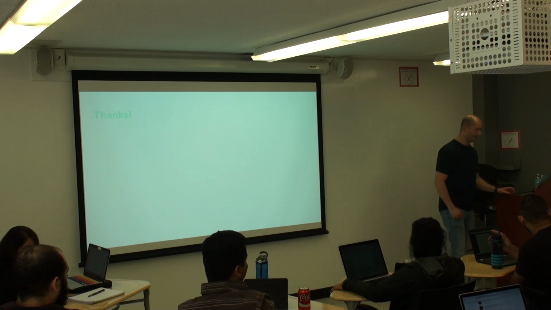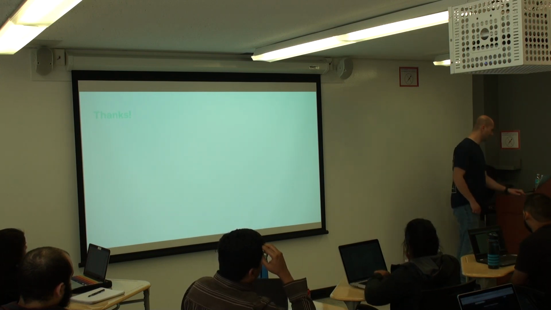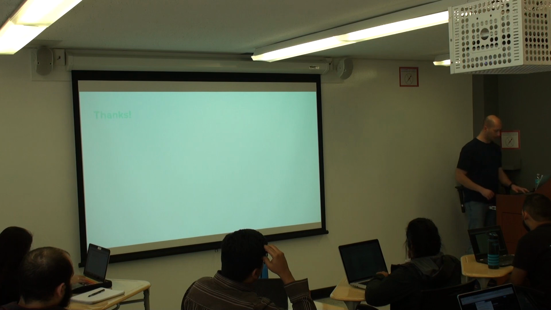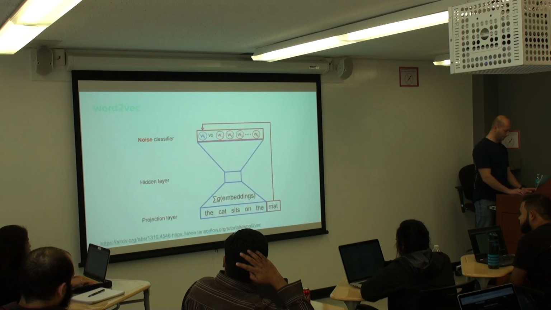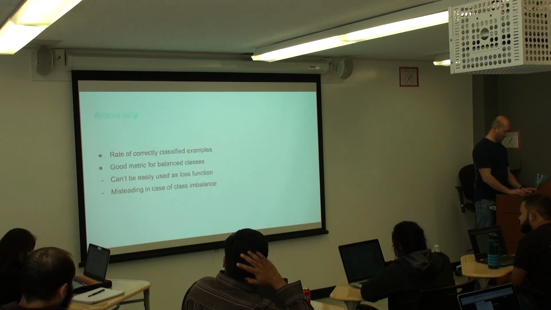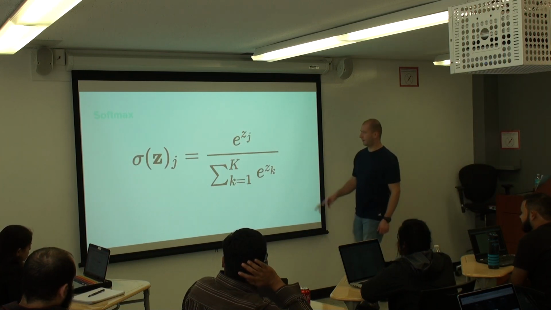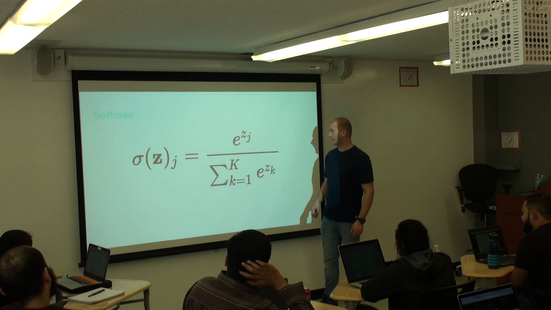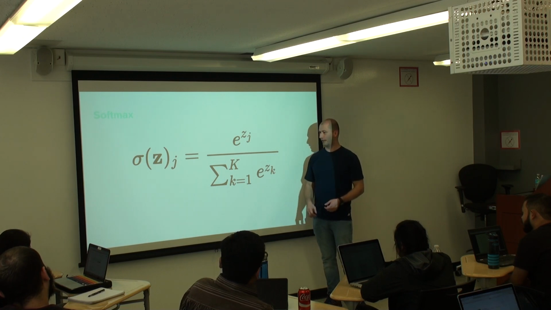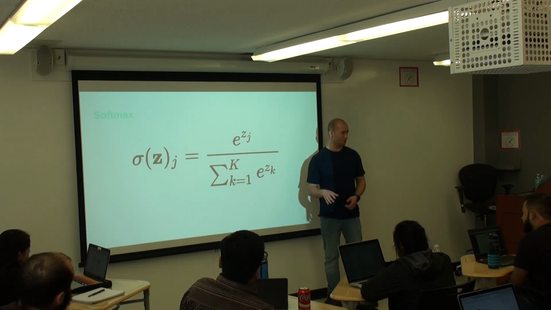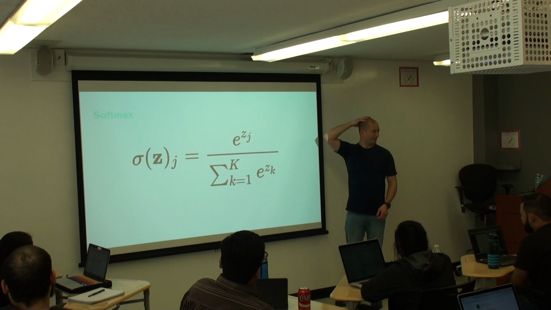So it's kind of a generalization of the logistic function if you have lots of mutually exclusive classes. Here it is. So this z_j is the log odds of a certain outcome, and you make the largest one dominate everyone else by exponentiating.